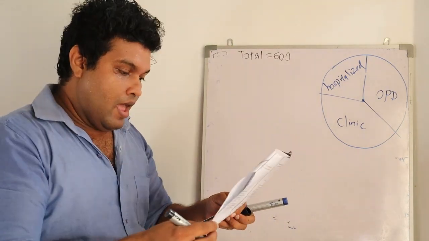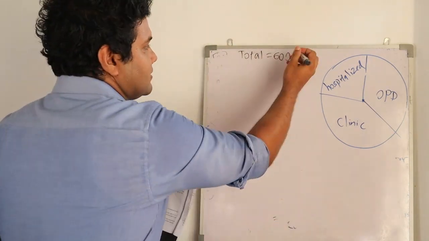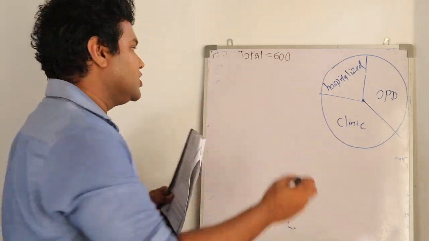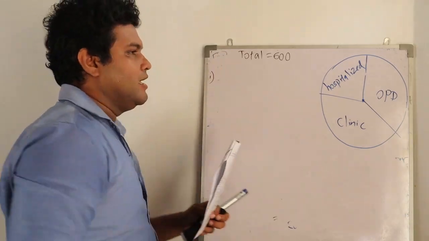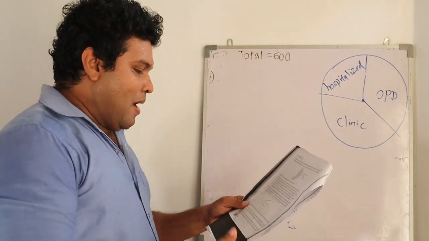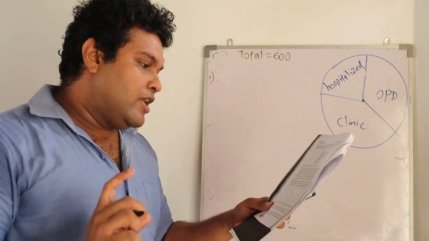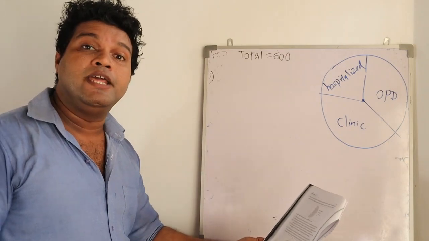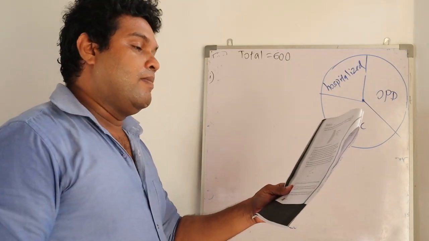By giving these 600 patients, they are asking a few questions. Extracting the answers is easy if you catch it from the starting point. Question number 1: from which unit did the most number of patients receive treatment on that day?